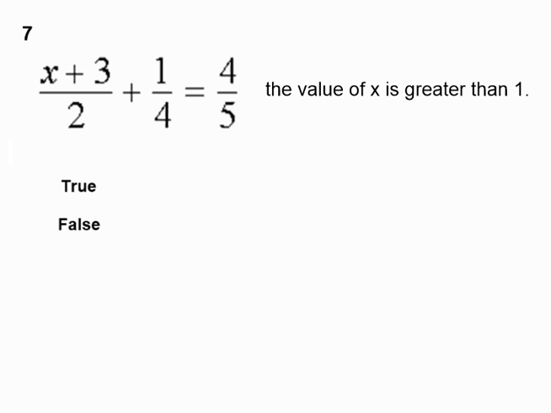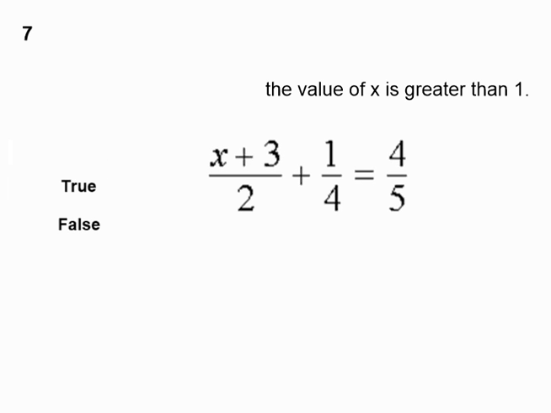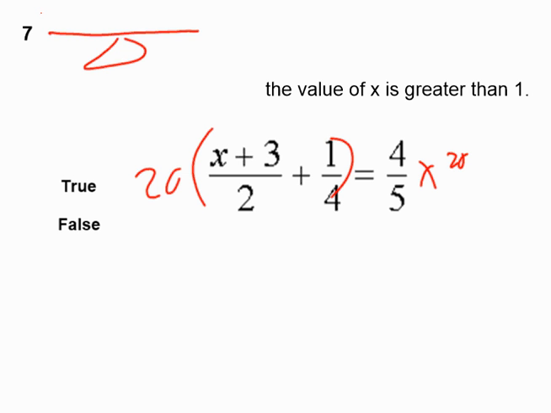And finally, your last question. I'm going to do it completely different this time. I'm going to multiply both sides by 20. Multiply this side by 20, and multiply this side by 20. And again, if we keep that algebraic idea of multiplying this side by 20, and this side by 20, it will maintain equality. Because I'm multiplying the side by 20, each of these two terms in the binomial must be multiplied by 20.